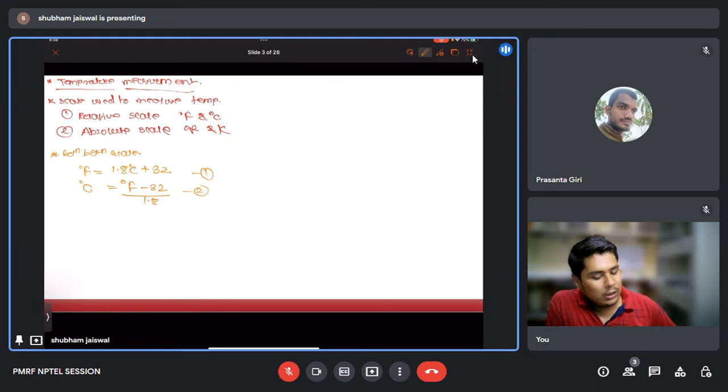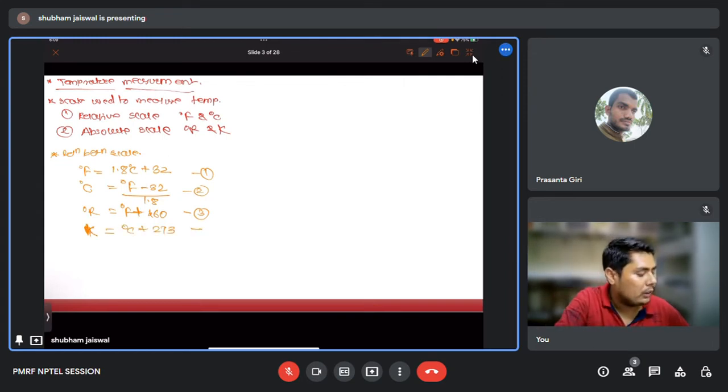The Rankine scale can be correlated with the Fahrenheit scale using the equation given in 3. Similarly, the Kelvin scale can be related as the Celsius scale plus 273. So this gives us the relation between the scales.